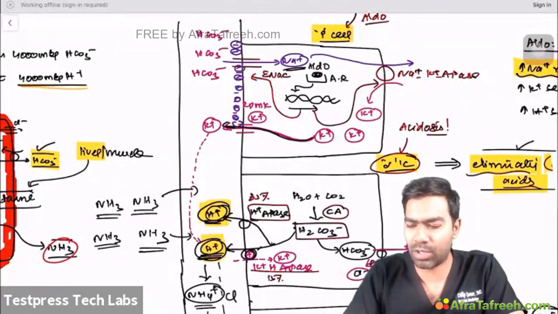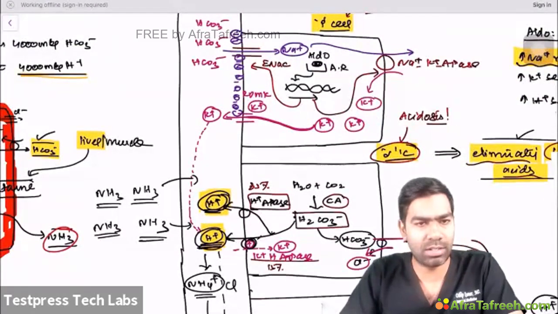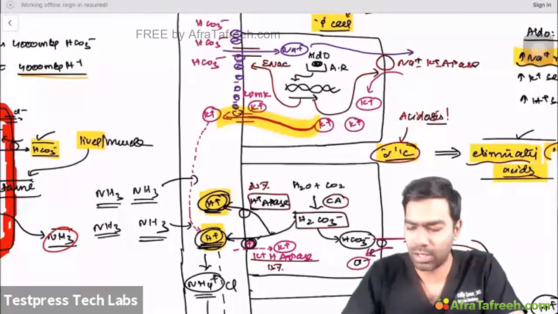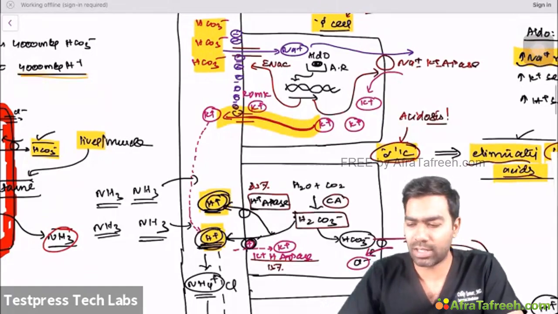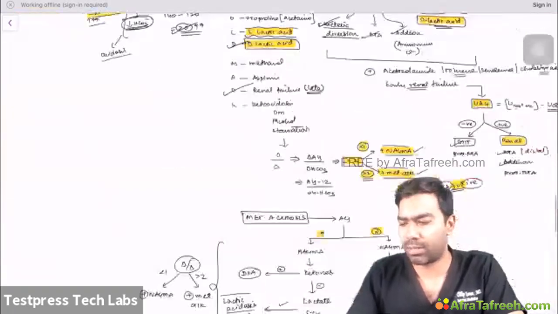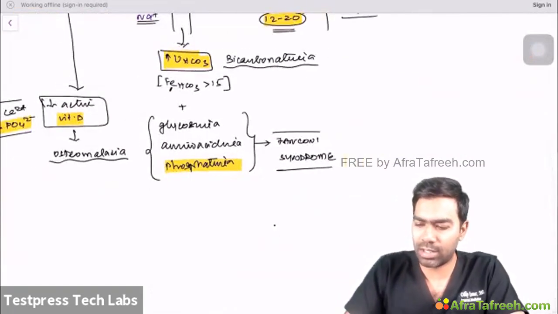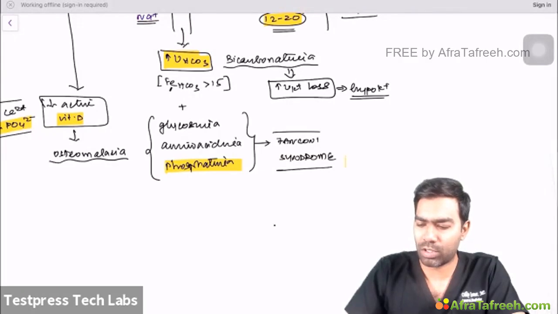The same thing happens here because bicarbonaturia is going to create a lot of negative charges on the luminal, apical surface. Now potassium will be pulled out by this bicarbonate. So the reason for hypokalemia is the bicarbonaturia, which increases urinary potassium loss. And that is the reason for the development of hypokalemia in patients with proximal renal tubular acidosis.